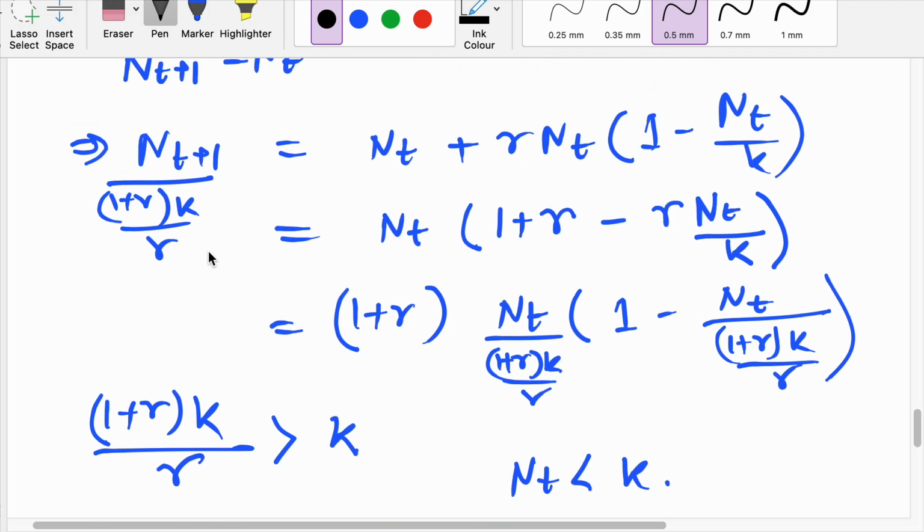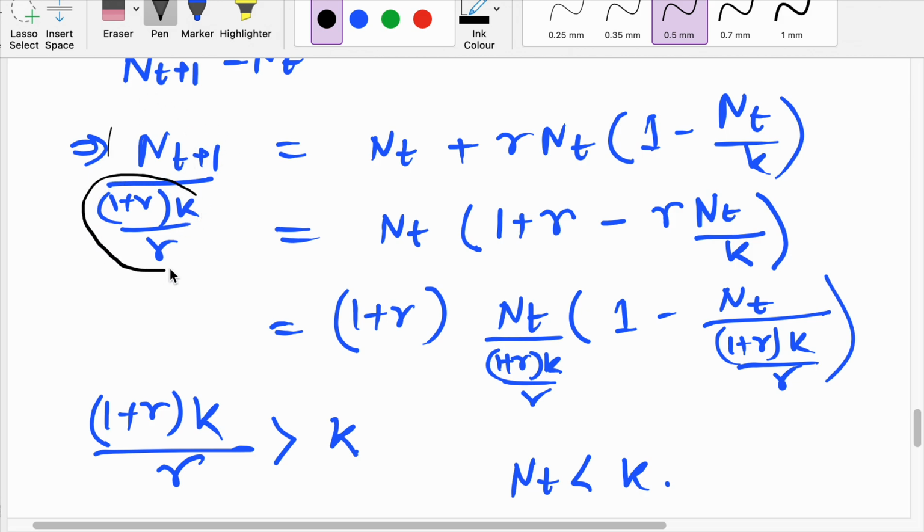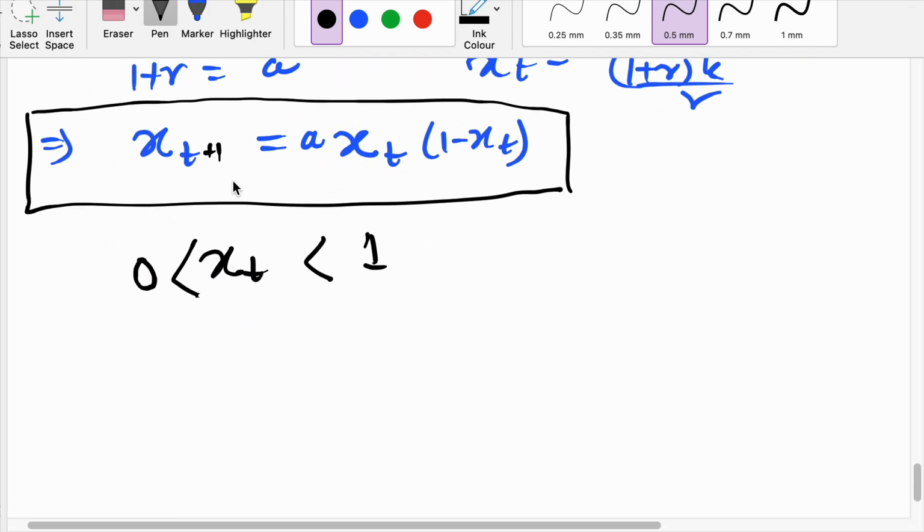So it is basically the number of individuals divided by the maximum number of individuals one habitat can take. Okay, so this is a fraction. So xt has to be in between 0 to 1.